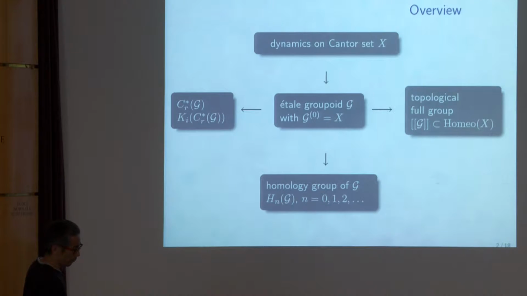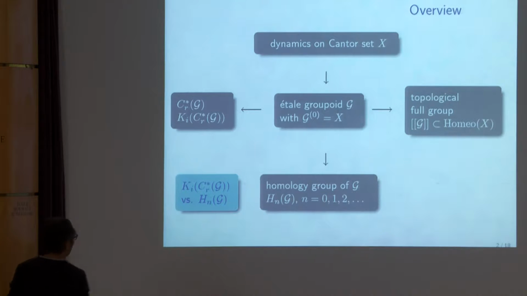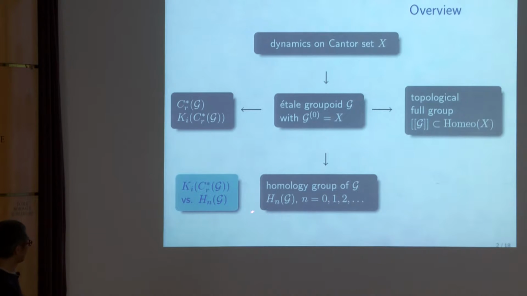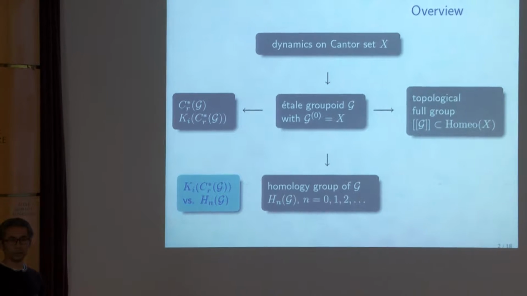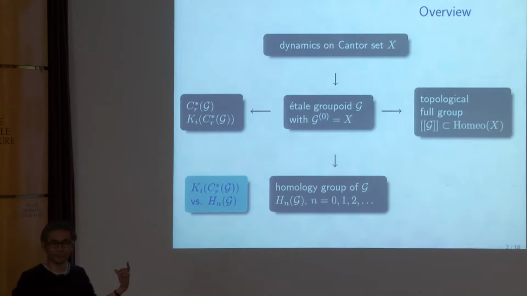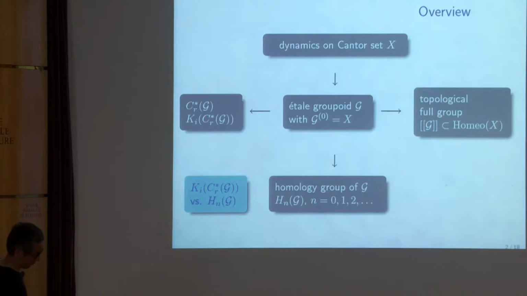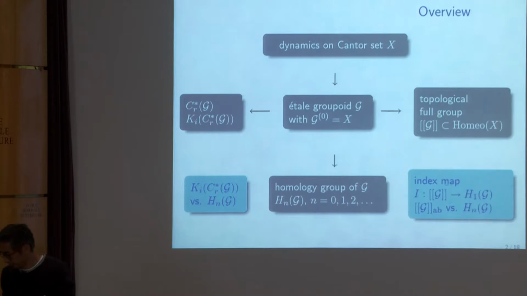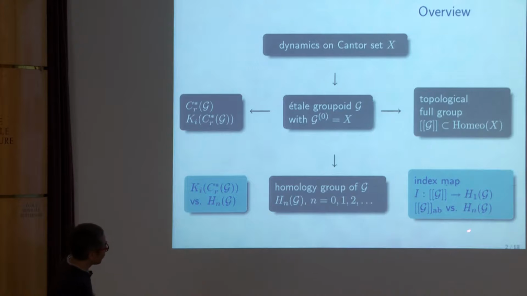Today, in particular, first I'd like to consider the K-groups versus homology groups. They are both abelian groups, so it's natural to compare these, right? Next, the topological full group is a discrete group, and I will explain it later.